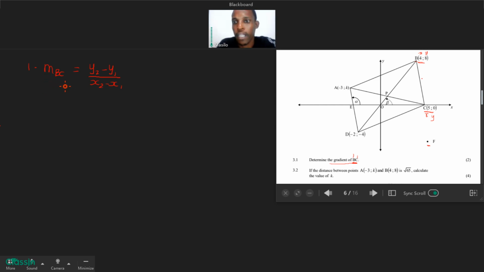This will help us to find the gradient of a line. We can pick any value for y2, either 8 or 0, it doesn't matter. What matters is that if you start with the point B as y, you must also start with the point B as x.